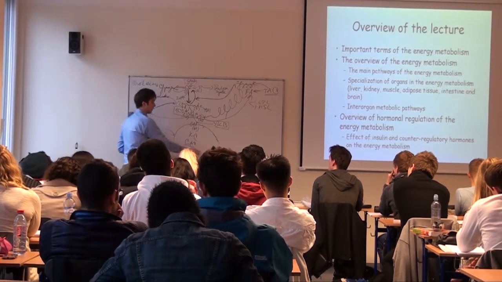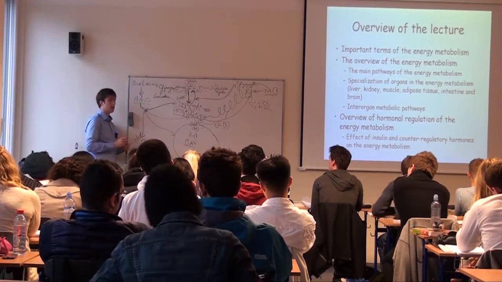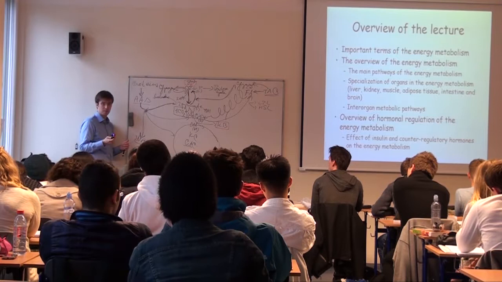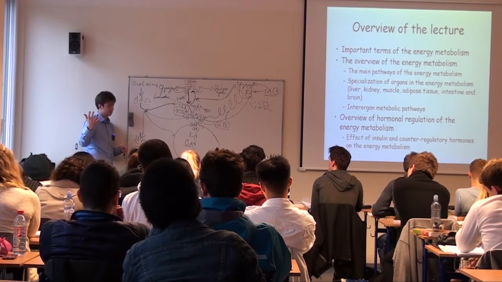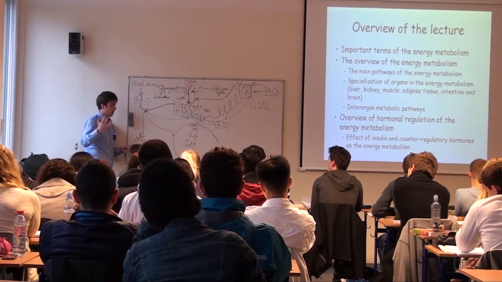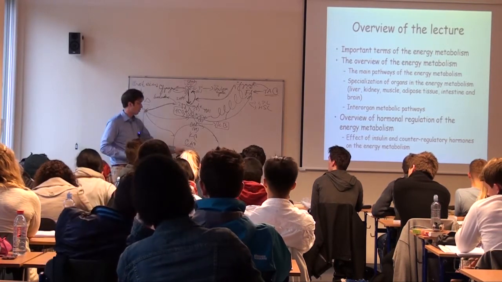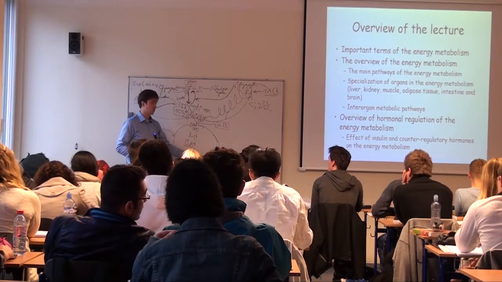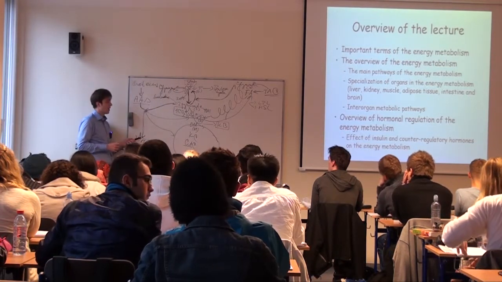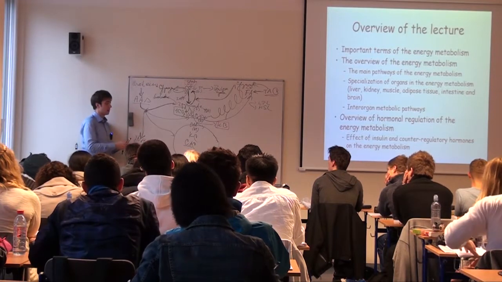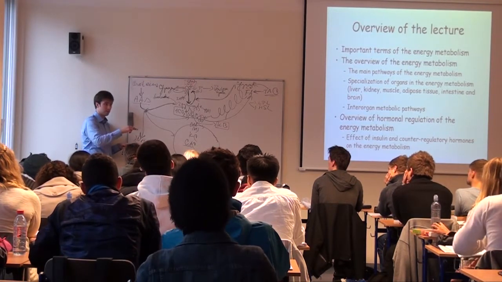And if you have alpha-ketoglutarate together with ammonia, you produce glutamate. And from glutamate, you can produce glutamine. But if you take all alpha-ketoglutarate from the Krebs cycle, you will stop the Krebs cycle. And in the brain, the Krebs cycle is very active.